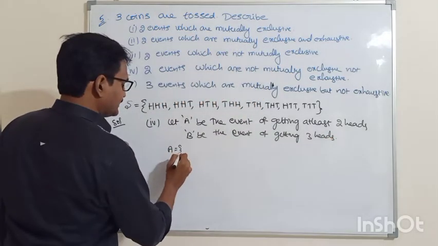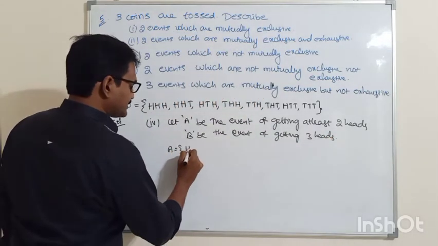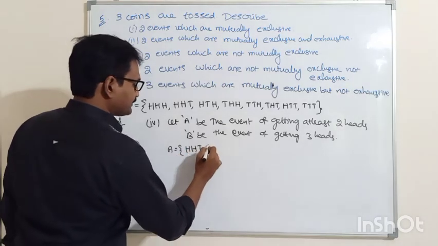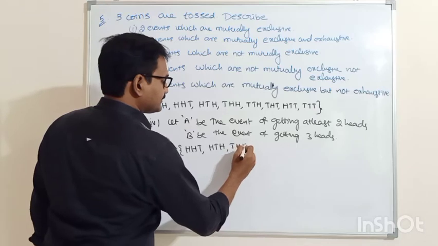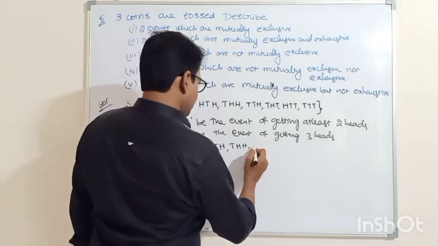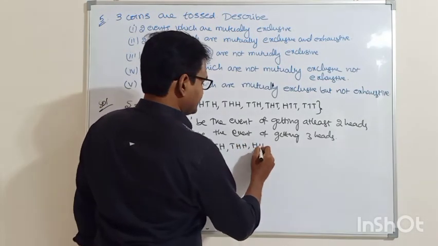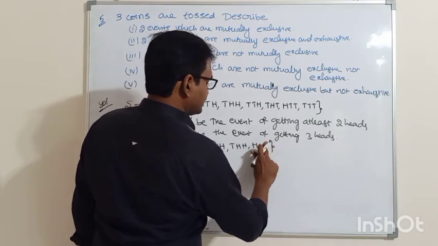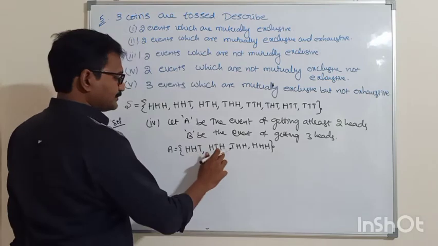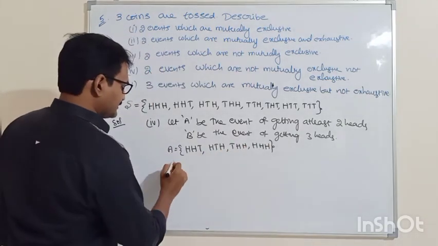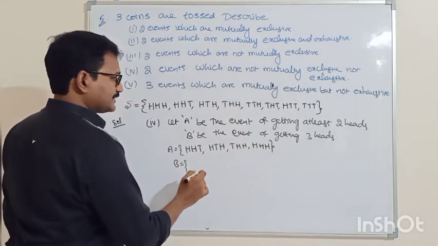So what is set A? At least two heads means double HT, HTH, THH and triple H. So all these sample points contain minimum two heads. And set B, what is set B?